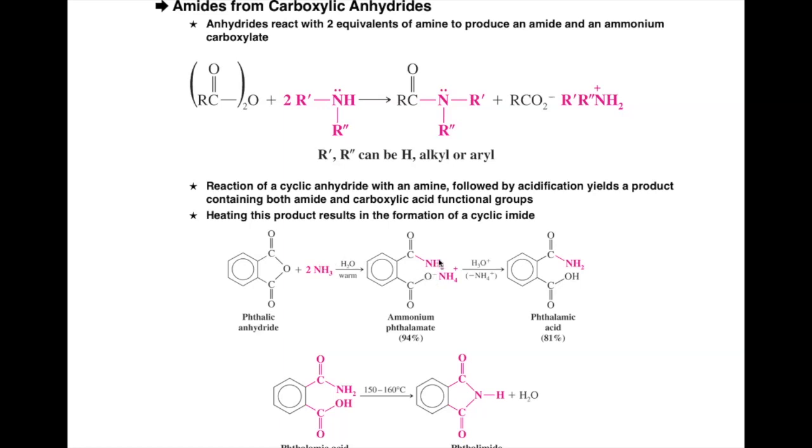No? So initially you form your amide, and then you have your ammonium carboxylate salt. No? Then finally, simply protonation of this carboxylate group will produce phthalamic acid.